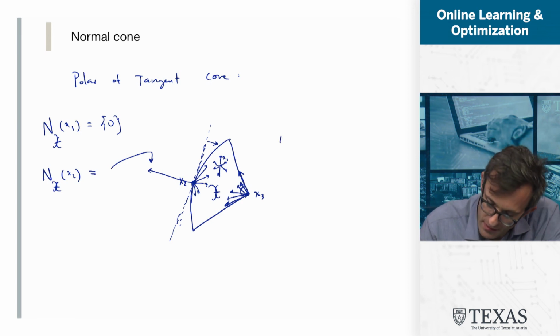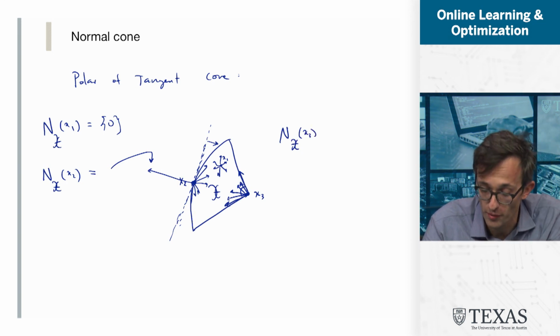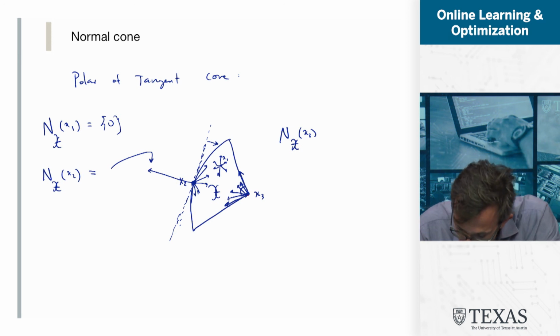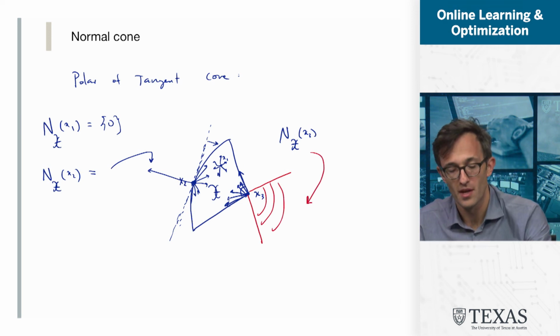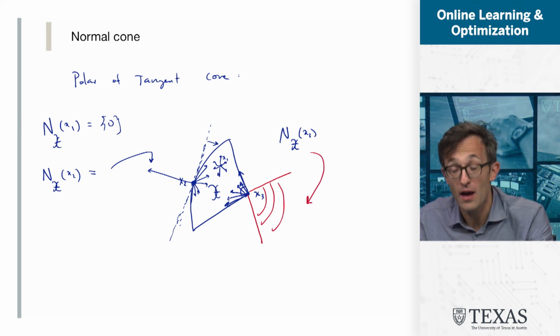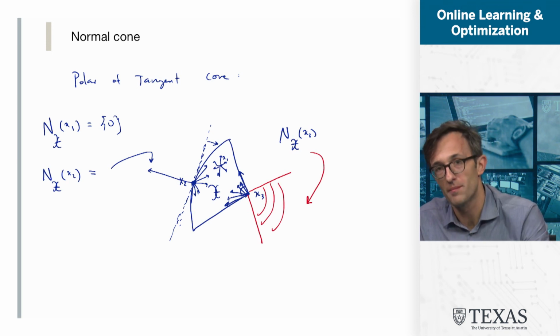And finally, the normal cone at x3, this is exactly like the picture we drew when we were defining the polar cone. Drawing 90-degree angles here. This is the normal cone. So we're going to see how these are used in order to characterize optimal solutions. We'll pick this up in the next session.